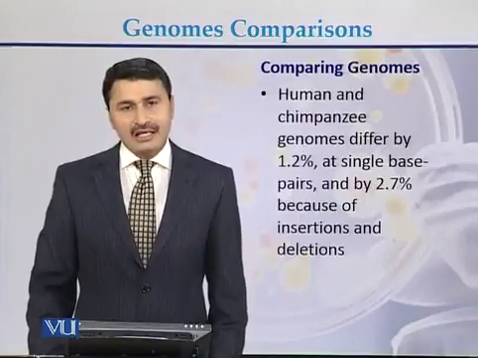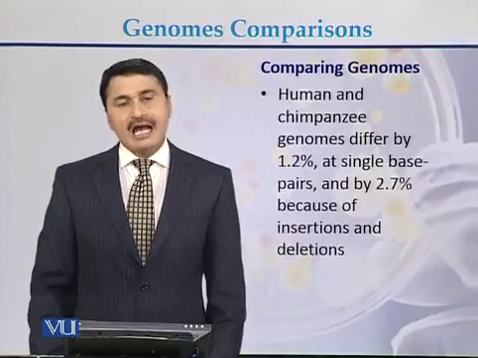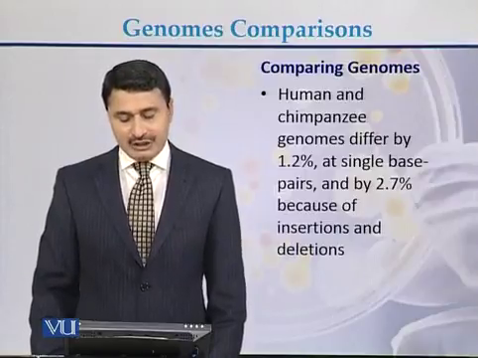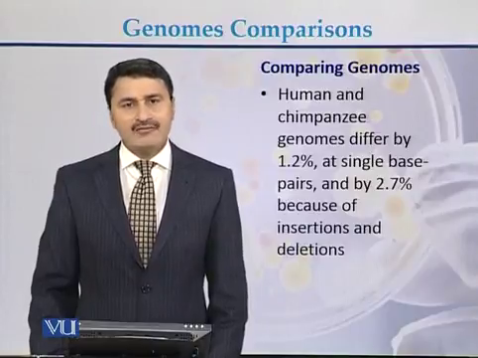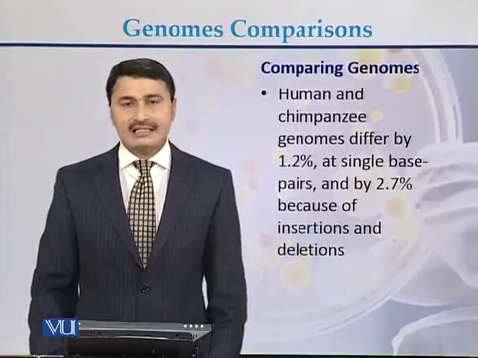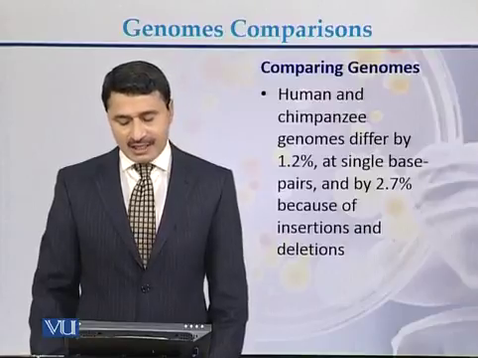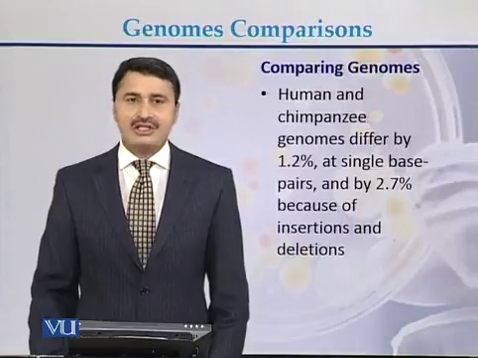When we compare genomes, we see that the human and chimpanzee genomes differ from each other by approximately 1.2% at single base pairs and by 2.7% because of insertions and deletions.